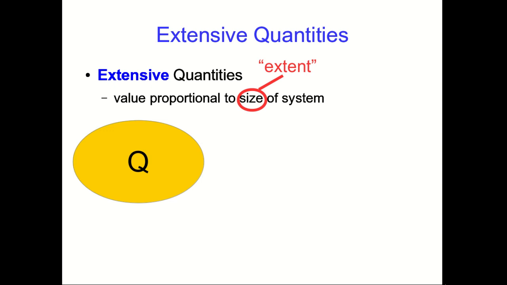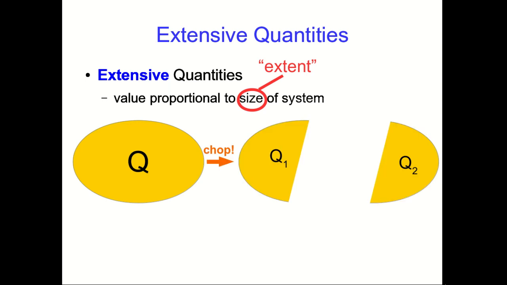Let's say we have a system. So that yellow oval is our system. And there's some quantity Q that's a property of the system as a whole. What happens if we divide our system into two pieces? I don't mean literally chopping it in half, but perhaps we decide instead of thinking of it as one system, we instead think of only a part of it, and now the other part is part of our environment.